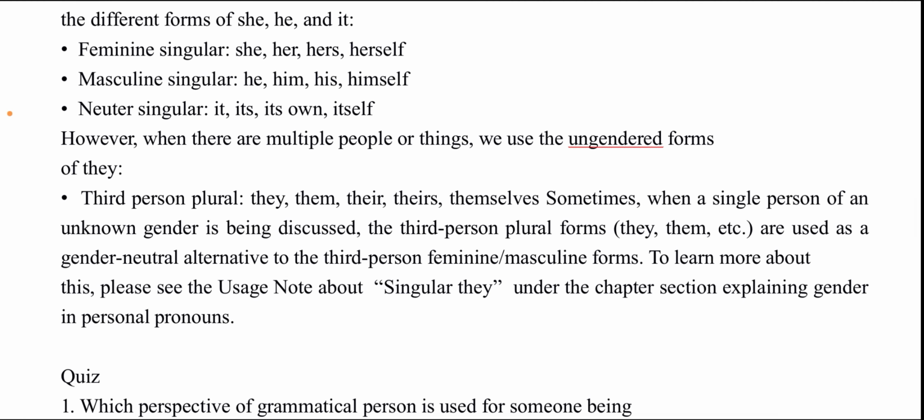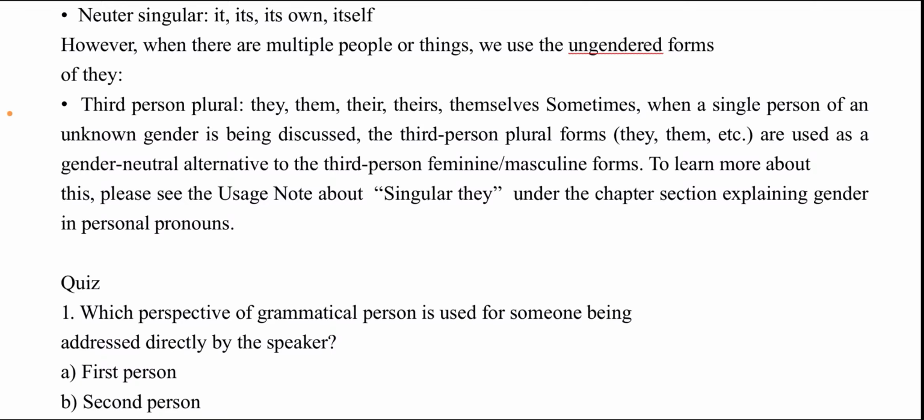However, when there are multiple people or things, we use the ungendered forms of they. Third person plural: they, them, their, theirs, themselves. Sometimes, when a single person of an unknown gender is being discussed, the third person plural forms they, them, etc. are used as a gender neutral alternative to the third person feminine and masculine forms.